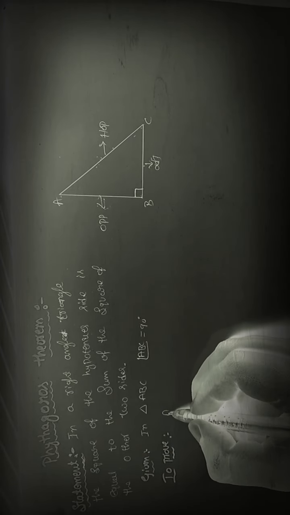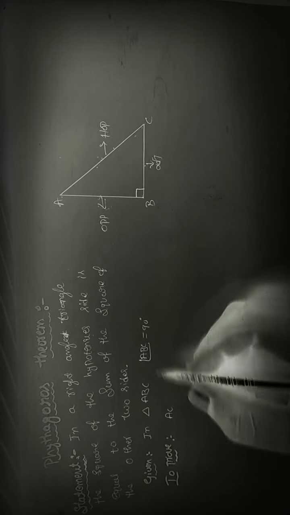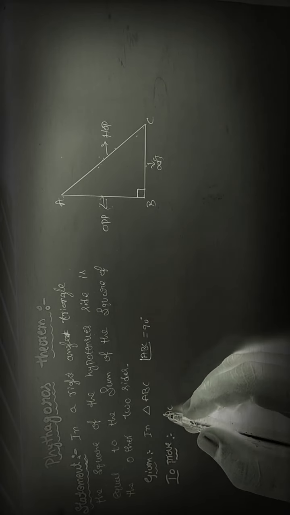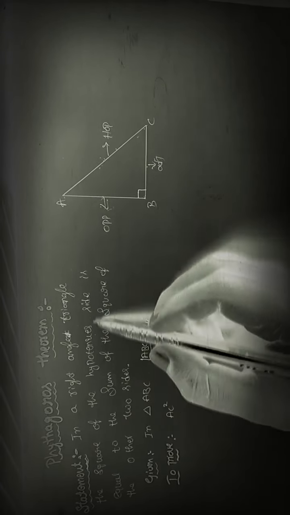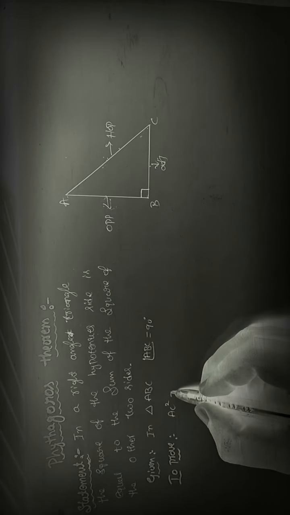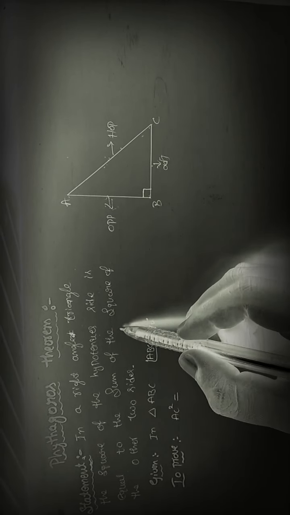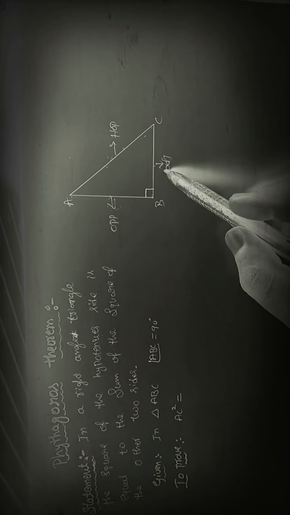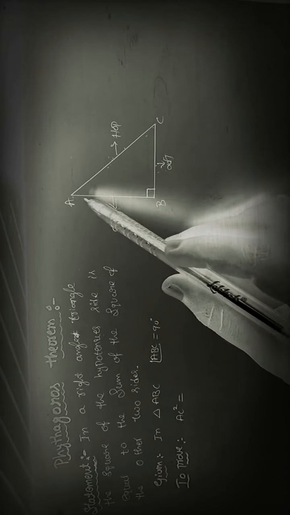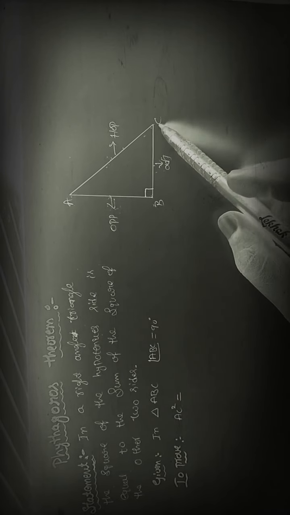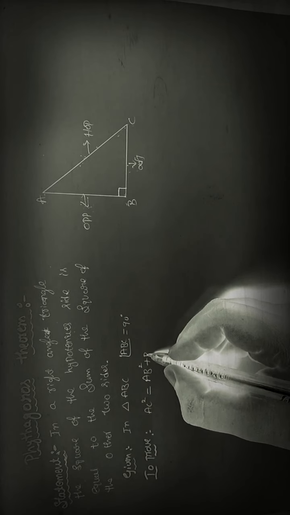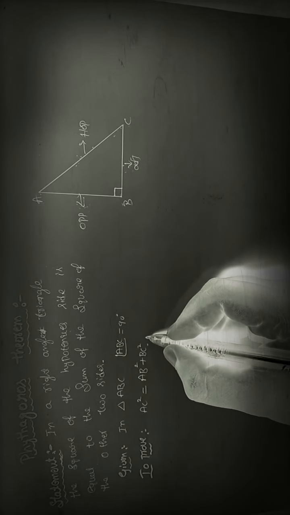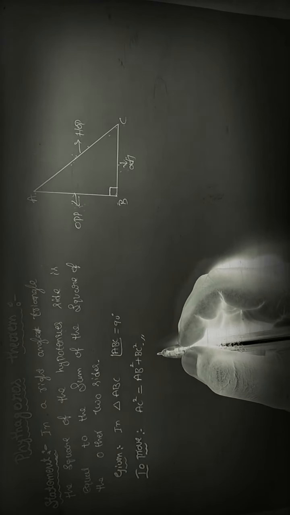AC is the hypotenuse, so AC square is equal to the sum of the square of the other two sides, which means AB square plus BC square. This is what we need to prove in this theorem.